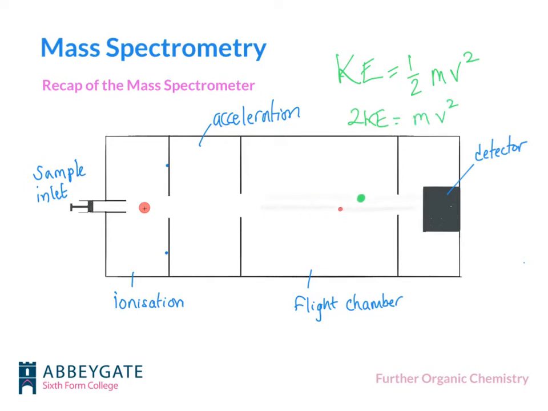Then we know that if they're all at the same potential energy, then if the mass and the velocity have got to equal that energy, we can consider the energy as a constant, then if the mass increases, the velocity is going to decrease. So as you can see in the diagram, the bigger particle is moving far more slowly towards the detector. Now, this is obviously quite an exaggeration. The particles move through the flight chamber somewhat faster than they're being shown here.